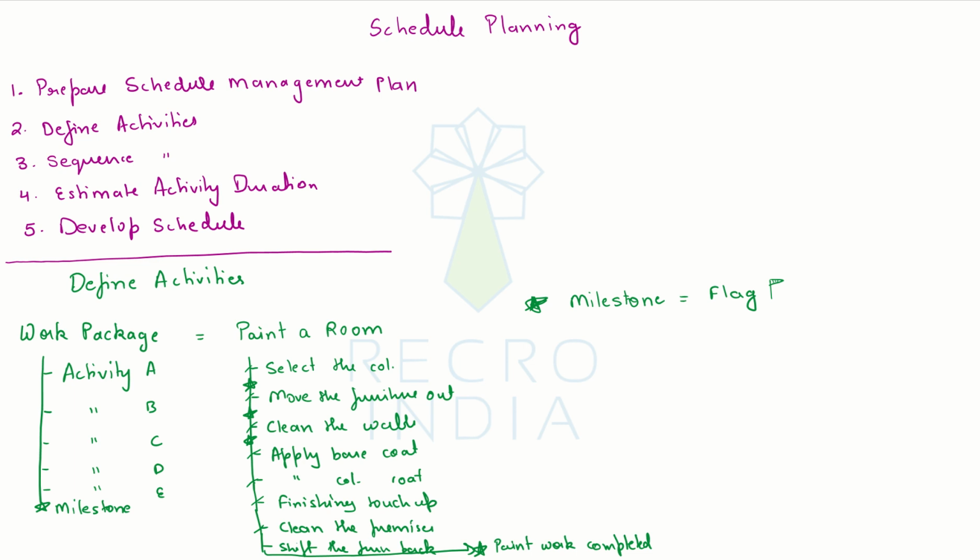So, yes, you can have different levels of milestone, but at the end of the day, my only concern is that we don't end up having too many milestones in a way that they start losing their significance. So be wise when you are putting these milestones.